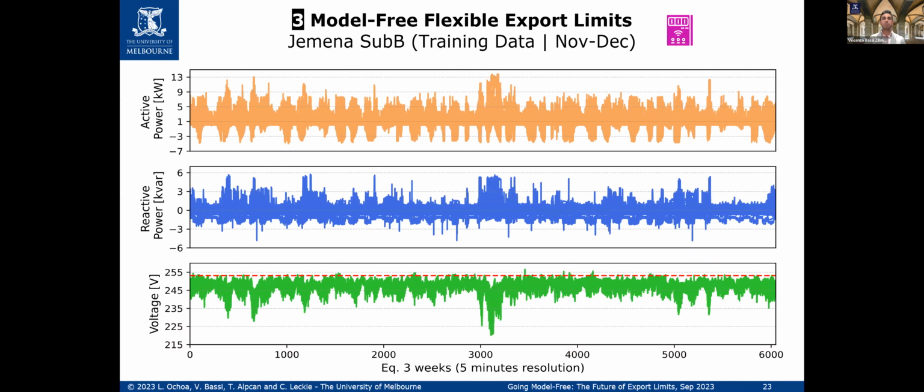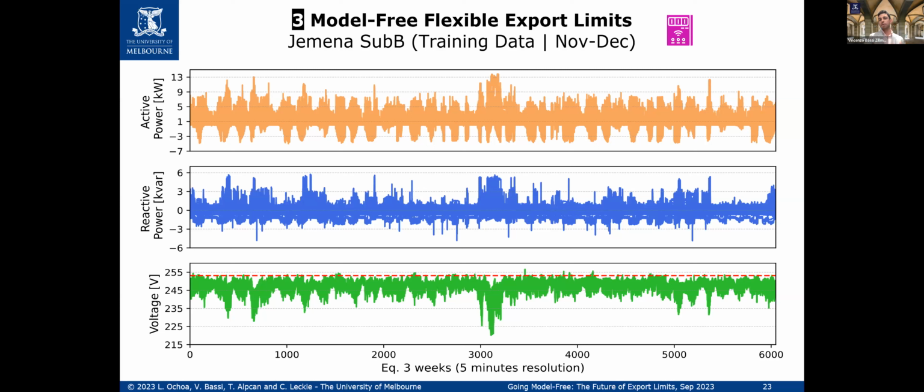In terms of reactive power, we have both positive and negative values, so we have capacitive and inductive power factors throughout the day. Finally, in terms of voltages, we can see that this low voltage network is already constrained, as in some parts of the training data set it is breaching the voltage upper statutory limit, which for Australia is 253 volts.